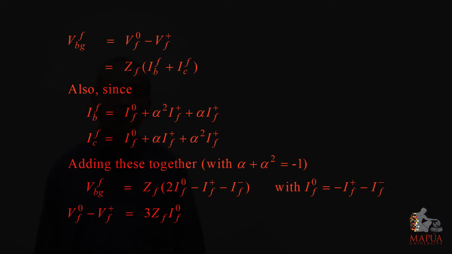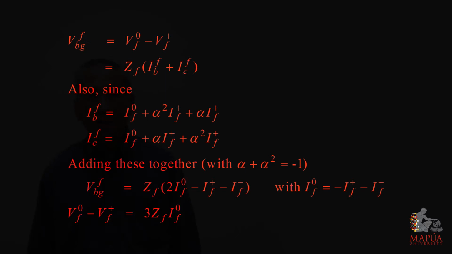Adding this together, with A plus A square equal to -1, we can say that VB is equal to ZF multiplied by the quantity 2 multiplied by IF of the zero sequence minus IF of the positive sequence minus IF of the negative sequence, with IF of the zero sequence equal to negative IF of the positive sequence minus IF of the negative sequence.